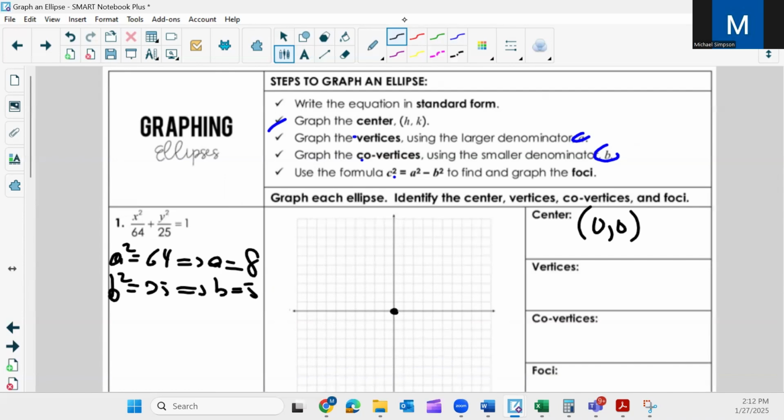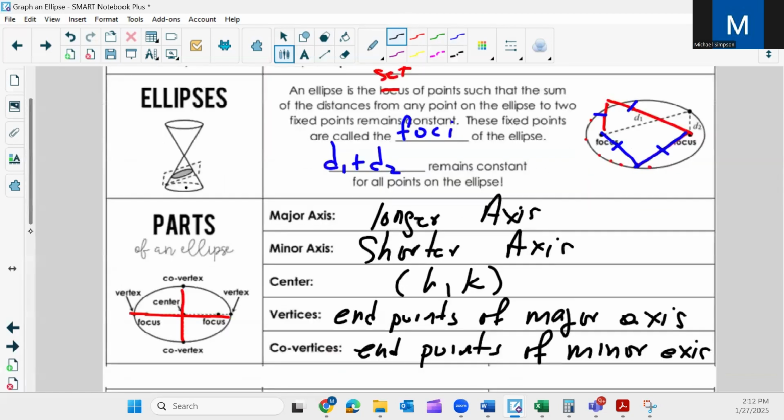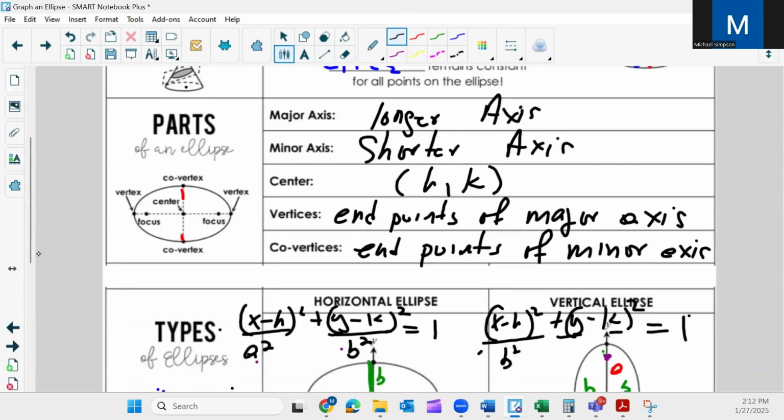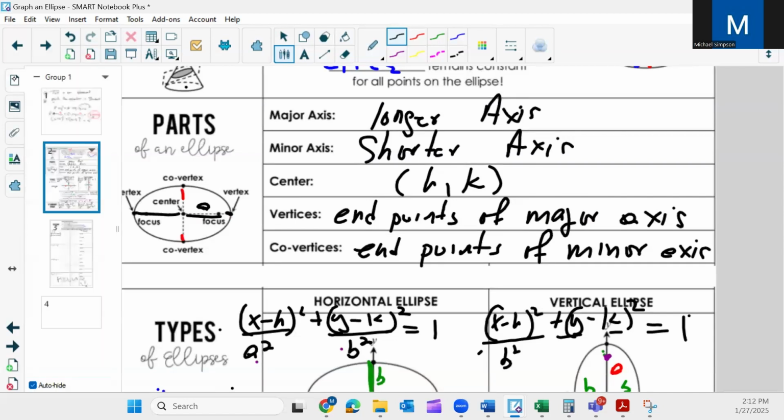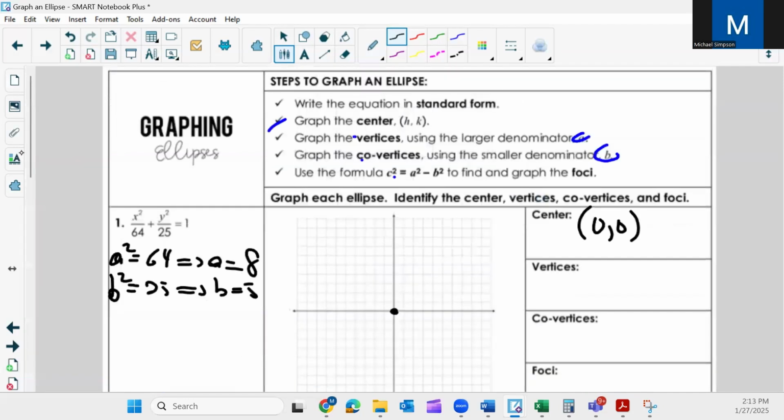Good. Now let's go back and look at this thing right here. Remember the vertex is 8 units from the center. That's the distance A from the right and from the left. So if I go back to the graph now to find the end of the vertex, I'm going to go 8 units from the center. 1, 2, 3, 4, 5, 6, 7, 8.